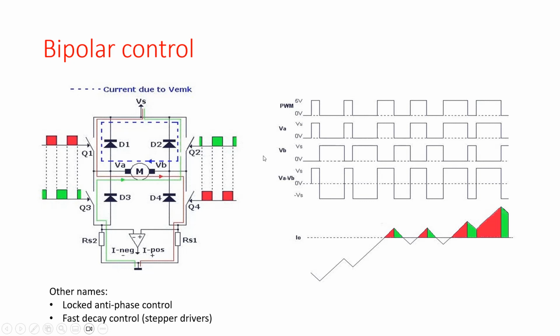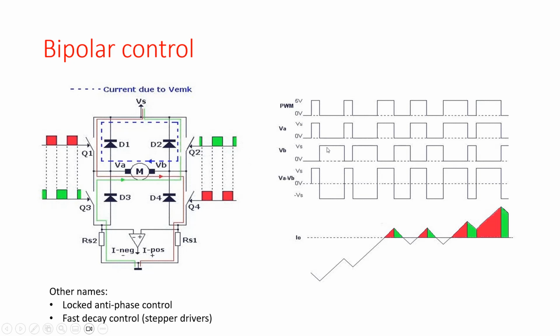When we have the zero part of the PWM signal, we see that the inverted PWM signal, the green signal over here, has a positive value. Then VB is connected through Q2 to the power supply, and VA is connected through Q3 to ground. So VA is 0 and VB has a positive value.